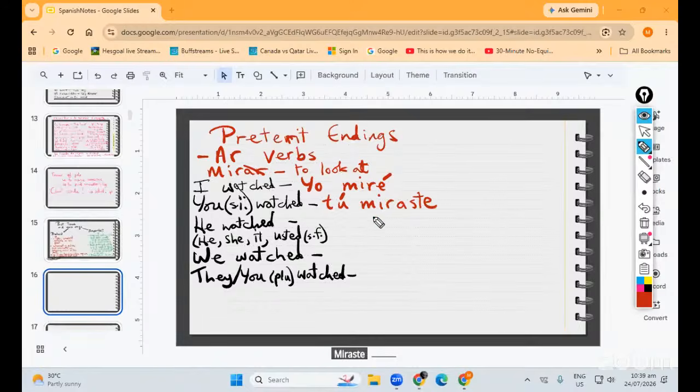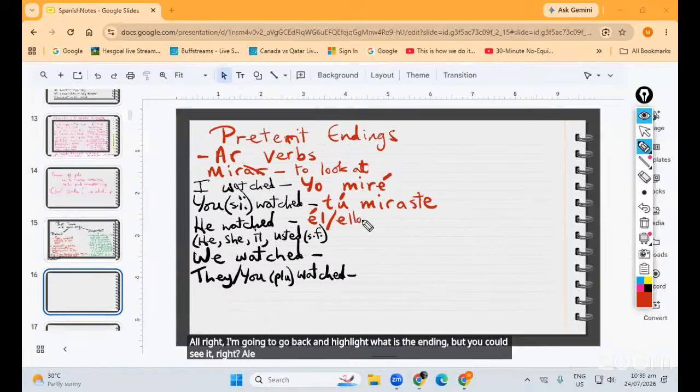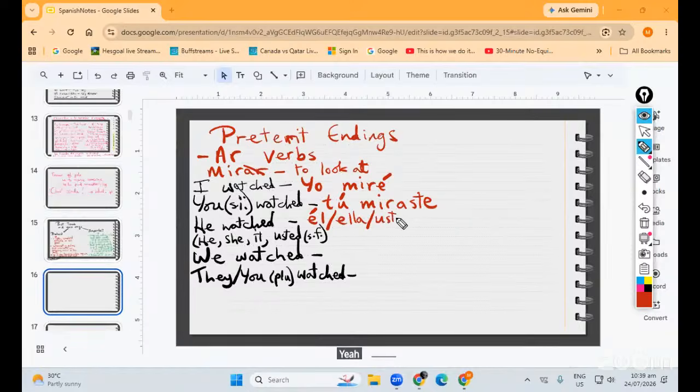All right, I'm going to go back and highlight what is the ending, but you could see it, right? Él, ella, usted, miró, right? Nosotros miramos. So it looks just like the present. Ellos, ellas, ustedes miraron.